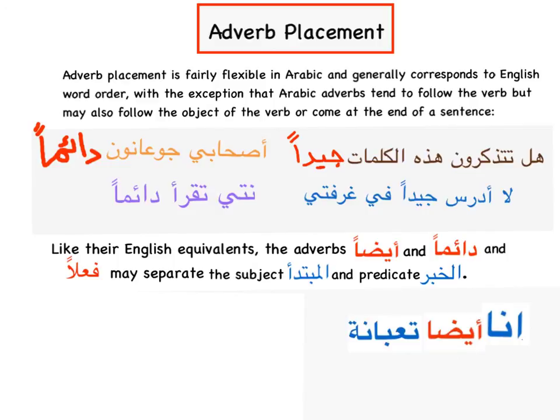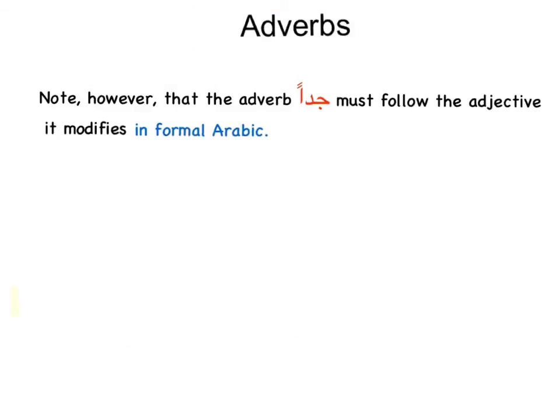Another example, هم بردانون فعلا. They are very cold for real. So هم بردانون فعلا, or I can do this: هم فعلا بردانون. They're actually very cold, and the only thing is that فعلا now separates the subject and the predicate.